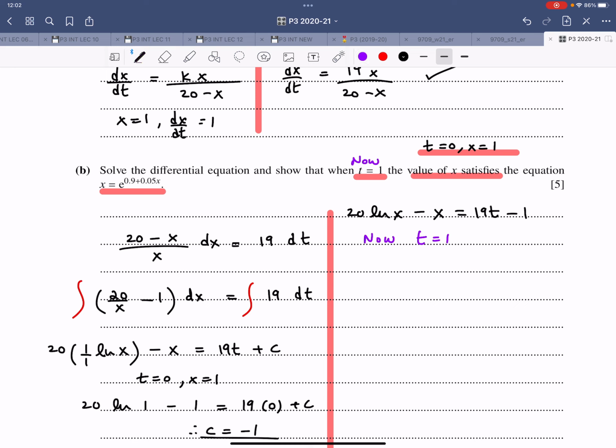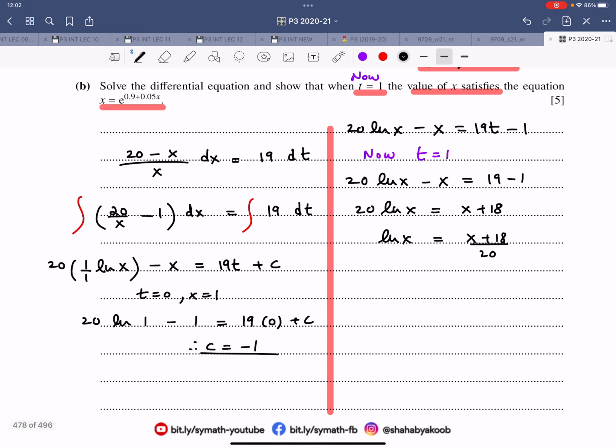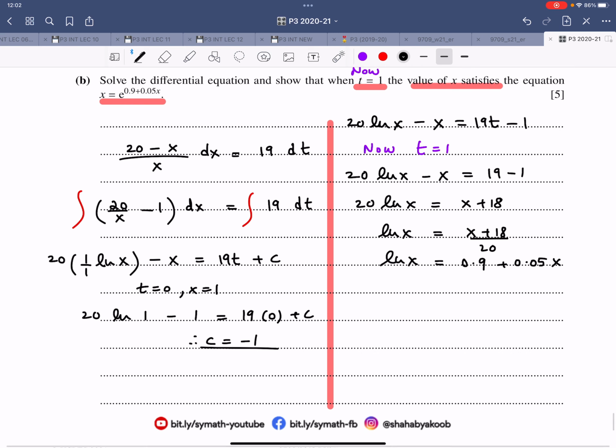Therefore 20 ln x minus x equals 19 minus 1, which is 18. 20 ln x equals x plus 18. ln x equals (x plus 18) divided by 20. 1 over 20 is 0.05, 18 over 20 is 0.9. So this is 0.9 plus 0.05x. Do double check it. That is ln x, and x equals e raised to the power of 0.9 plus 0.05x, and this is also easily done.